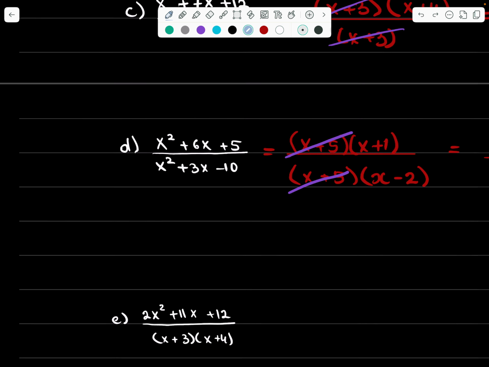You can check this with numbers. Let's say 2 plus 5 plus 3, which totals 10, and we are dividing it by 2 plus 3.